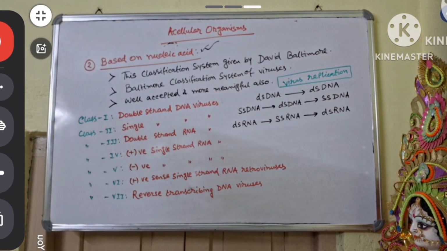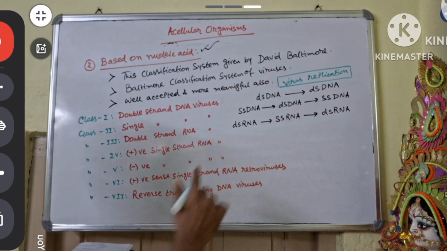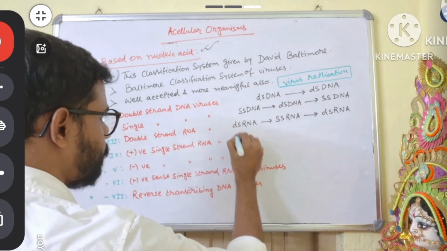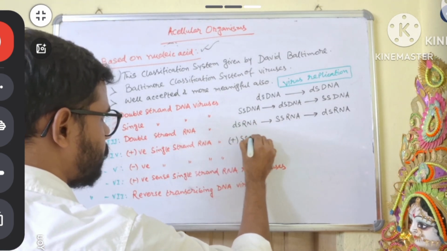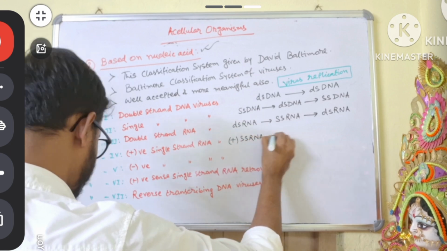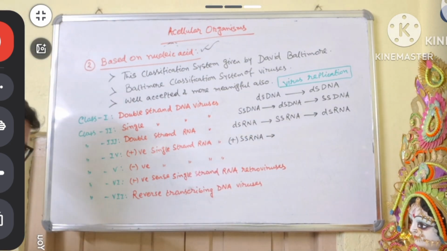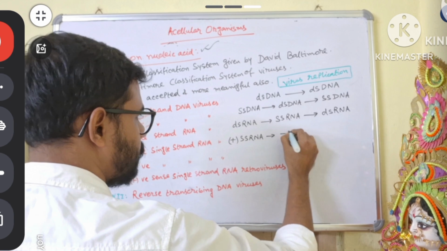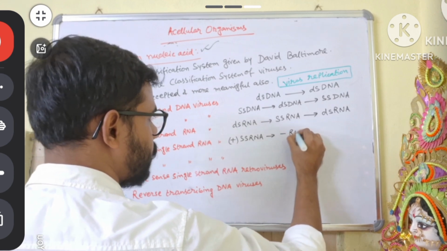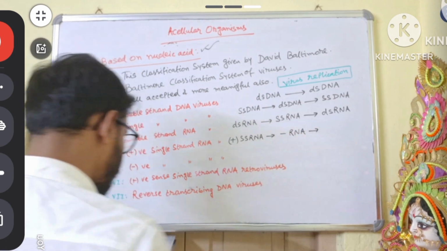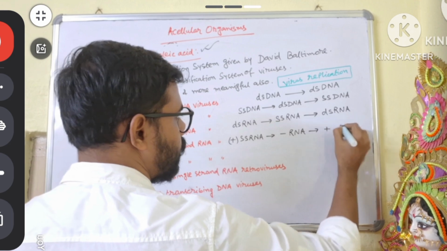Now come to the point of positive strand single strand RNA. It is written as plus ssRNA. Plus ssRNA first converts into minus ssRNA, then plus RNA.